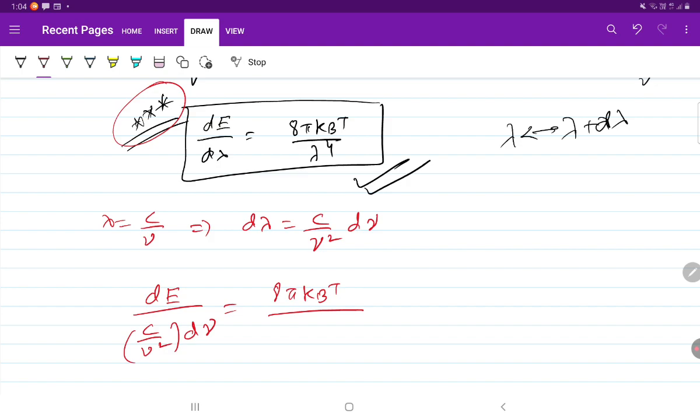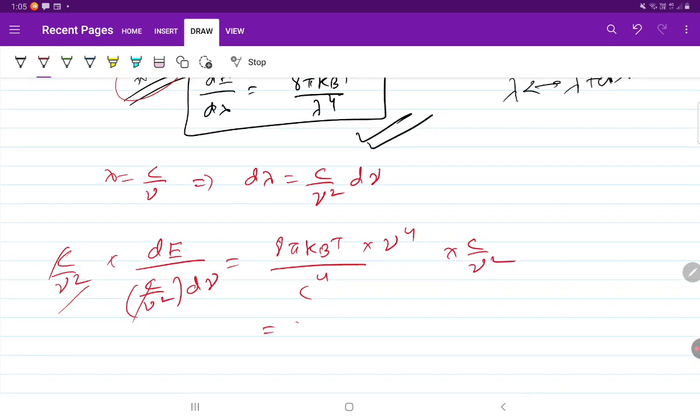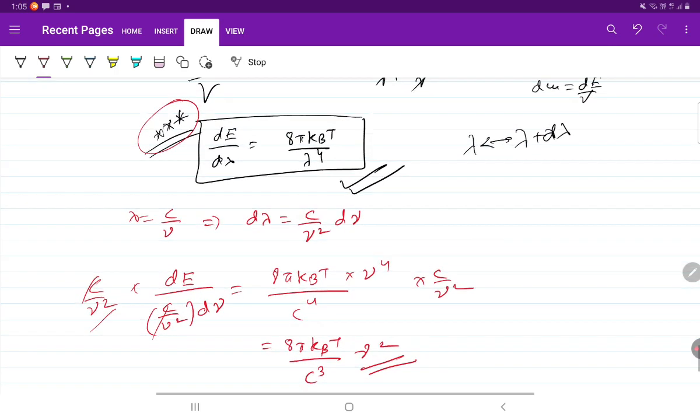What is λ⁴? It is c⁴/ν⁴, so in the denominator there will be c⁴. Cross multiplying both sides by c/ν², the whole left-hand side cancels out, and on the right-hand side you will get 8π kBT ν²/c³. And that is what Rayleigh-Jeans proposed about how the spectral density varies if we consider a classical model.